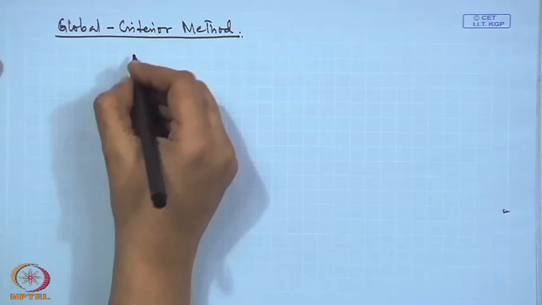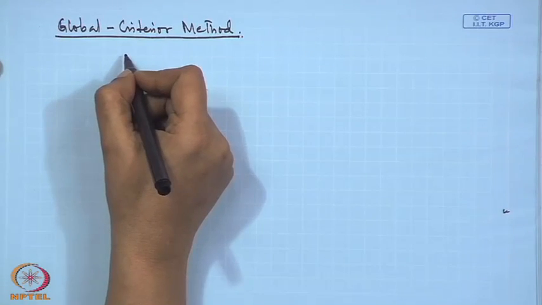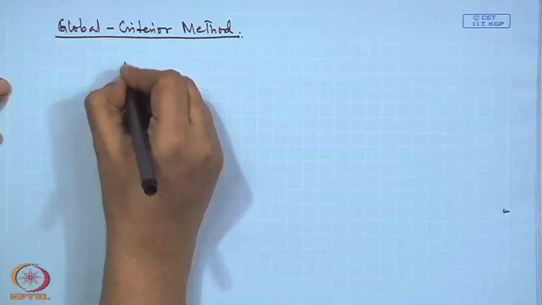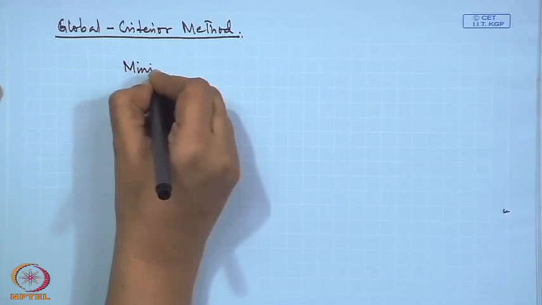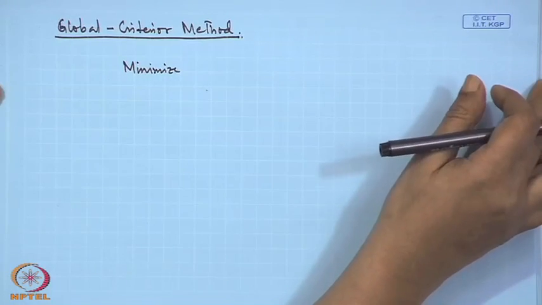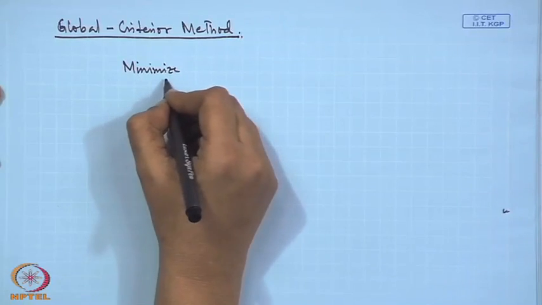How do we do it? We find the optimal solution for the individual objective functions. That means we maximize F1, we get F1 star, maximize F2, we get F2 star. In this way, after we formulate all together, we try to minimize the difference between the objective function and the optimal solution for the individual objective functions.